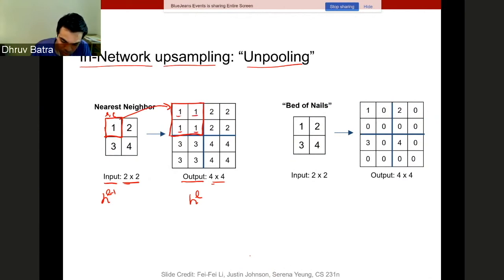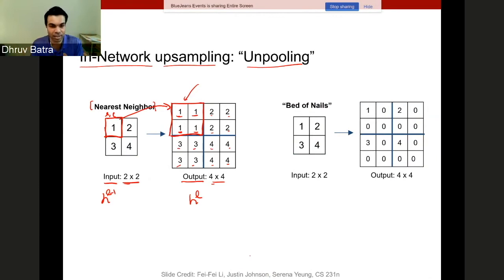So 1 pixel gets replicated, the 2 gets replicated, the 3 gets replicated, and the 4 gets replicated. And this is what is known as nearest neighbor upsampling, because for every pixel (r, c) in the output, you're finding the nearest neighbor in the input and just copying over values. Okay, so that's pretty easy.